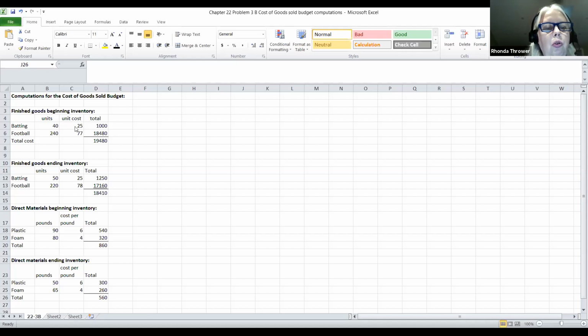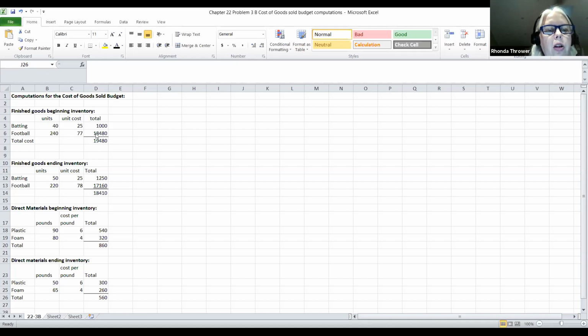Then what you'll do is just multiply the two of these to find the total cost of the finished goods beginning inventory for your batting helmets. And then you do the same thing for your football helmets. You multiply these two to get this, and then we add them together. And this 19,480 is what we're going to pull back over and put on our cost of goods sold budget.